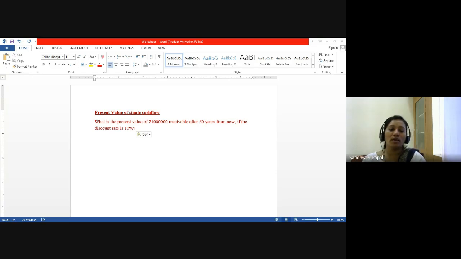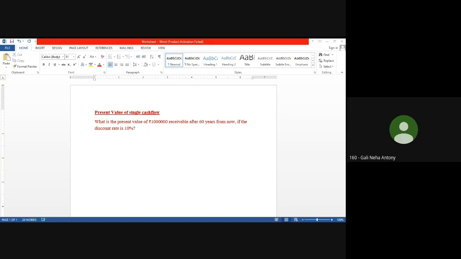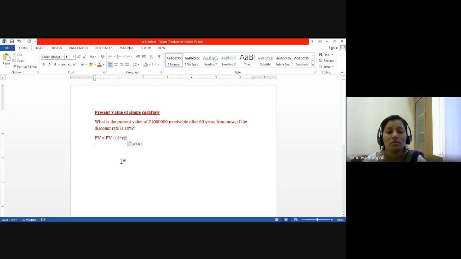So what is the formula? You remember the formula? Yes, present value is equal to future value by 1 plus r whole power n. Yes, this is what we used.